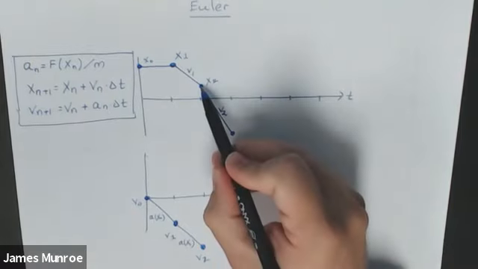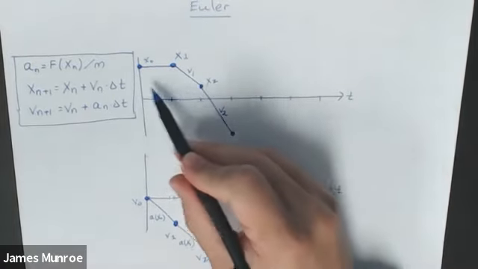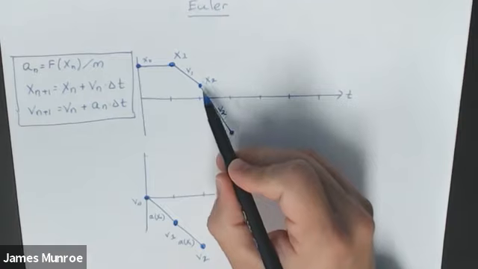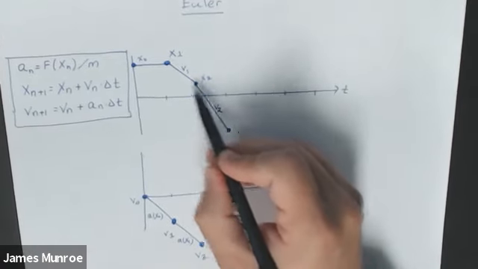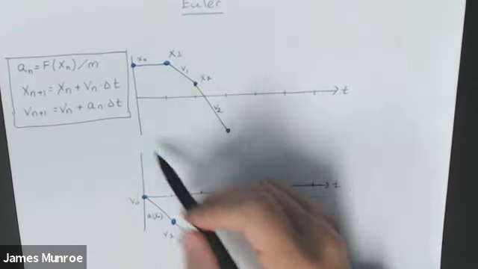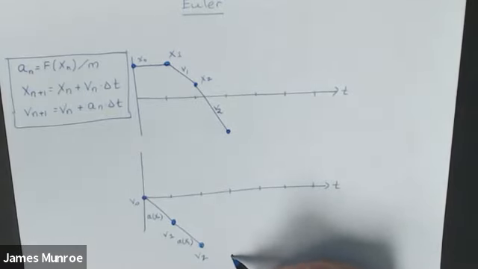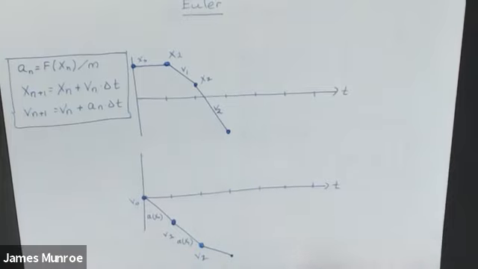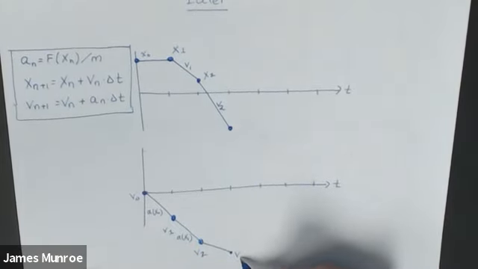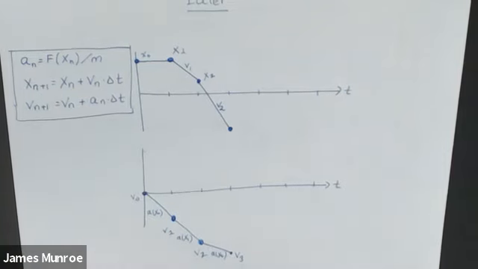I use the acceleration right here. It's still negative, but it's not as negative. There's less displacement, so there's less acceleration. So I still go down, but I don't go down as far. This is v3. Its slope is based on the acceleration at x2.